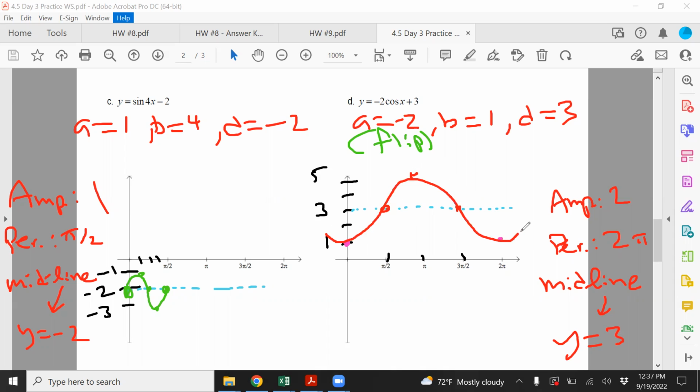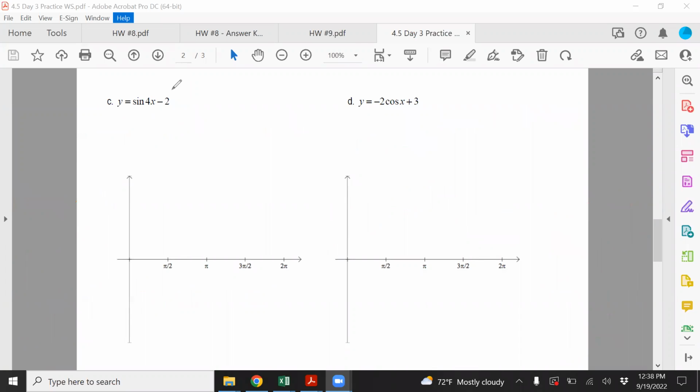And there you go. Exactly. I'll keep it as an integer.